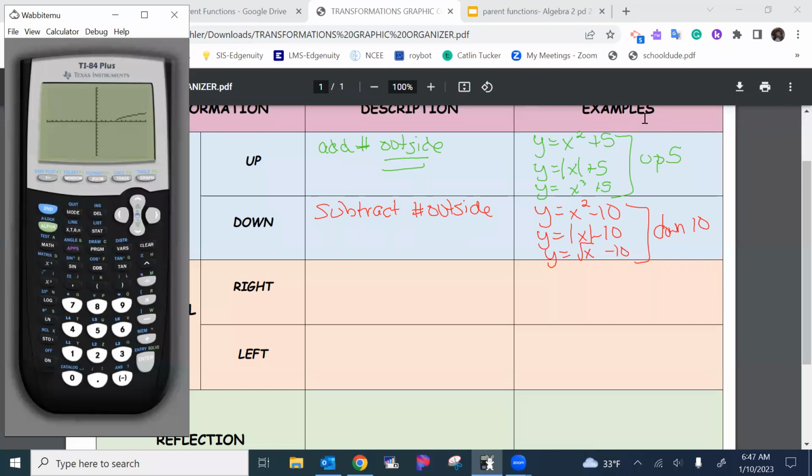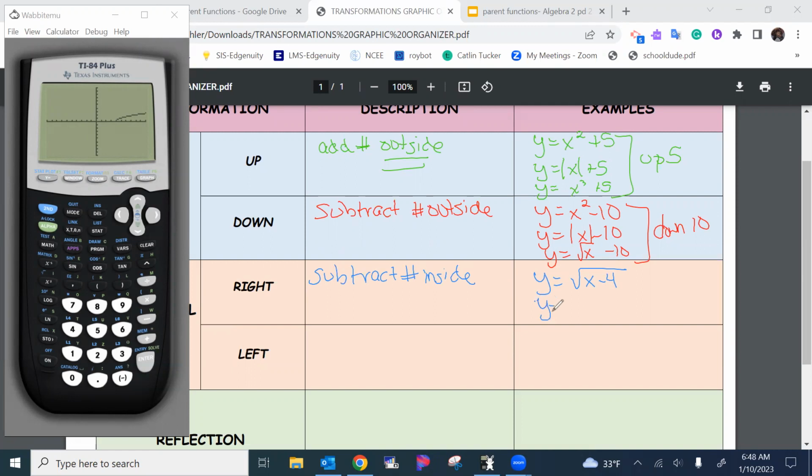Okay, so let's put on here that to move it to the right, I need to subtract a number on the inside. What that would look like would be y equals the square root of x minus 4. Notice how that minus 4 is underneath that square root sign.